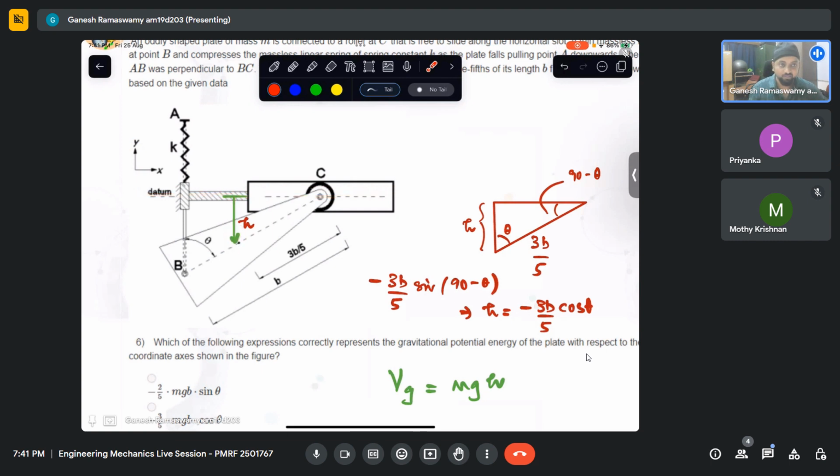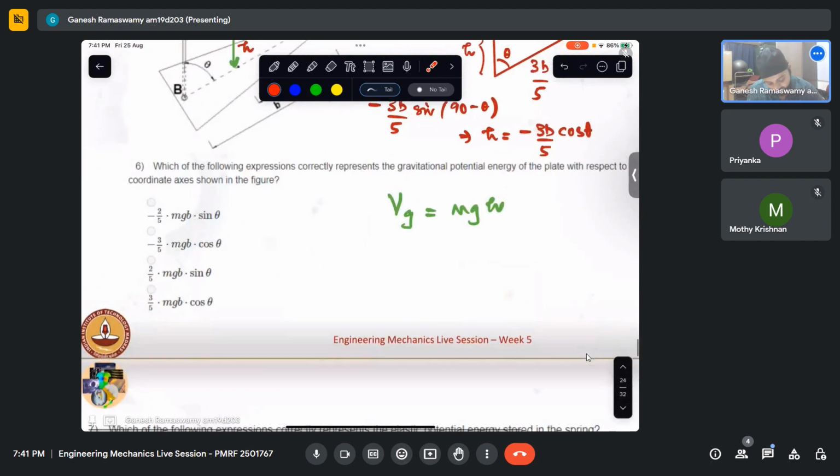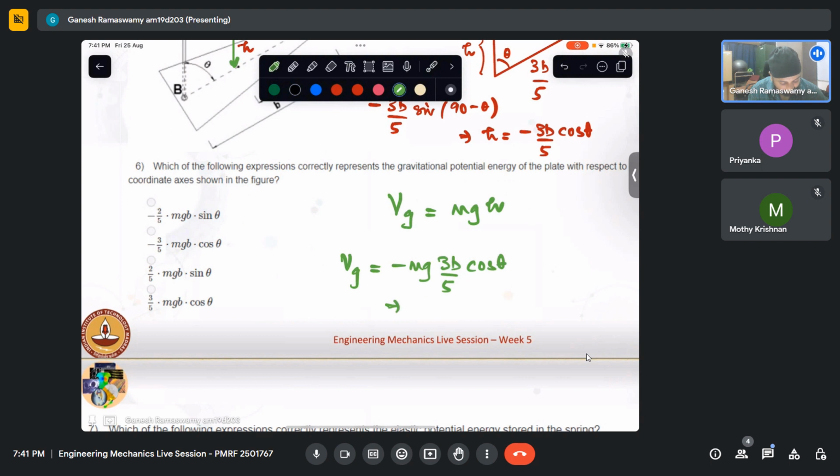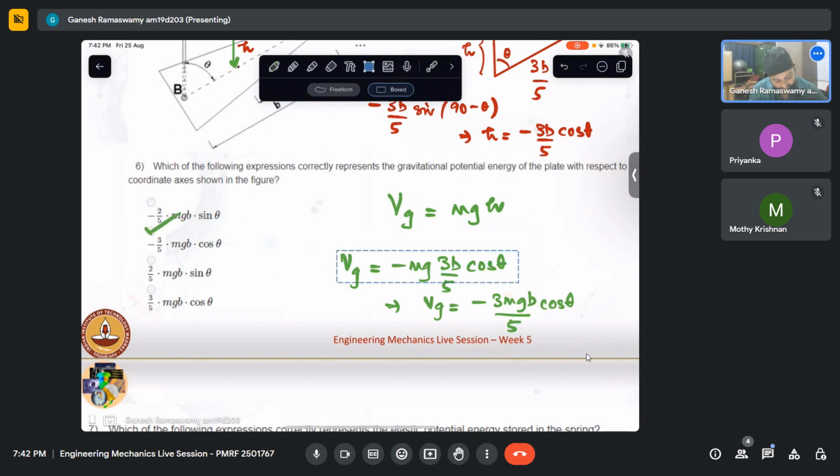So Vg for the problem is minus mg 3b by 5 cos theta. If I write it neatly, it becomes minus 3 mgb by 5 cos theta. So B is our answer. Okay, so far so good.